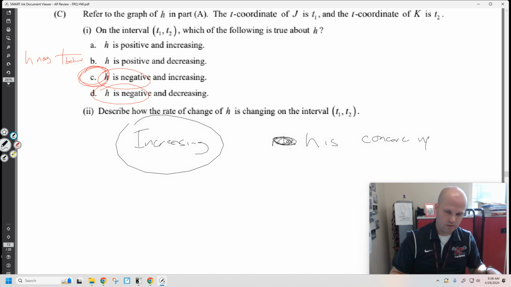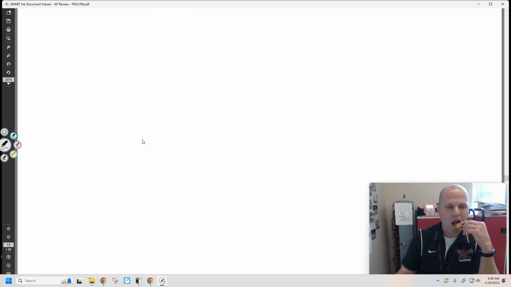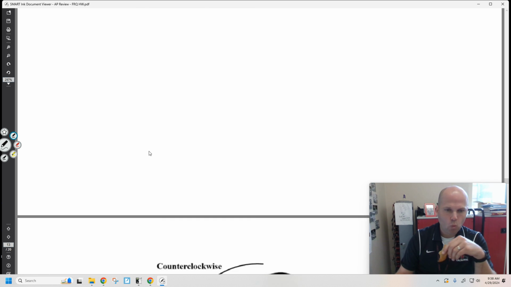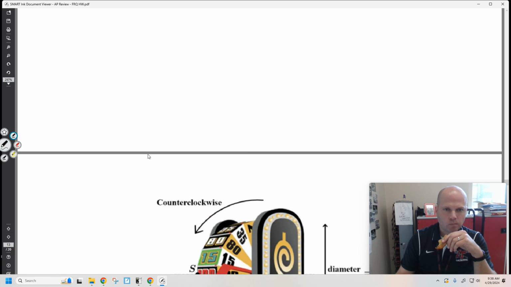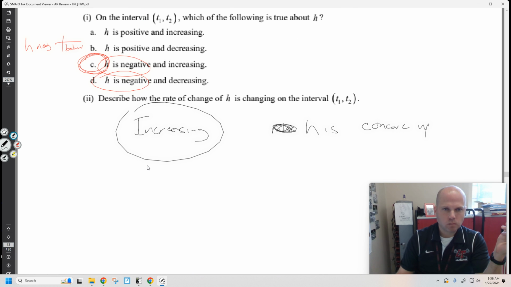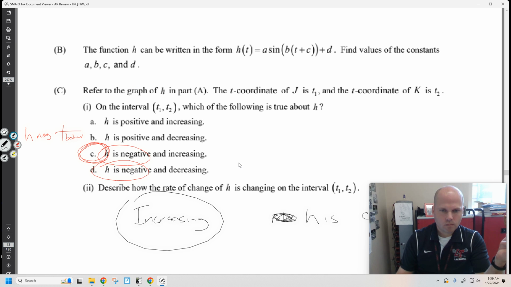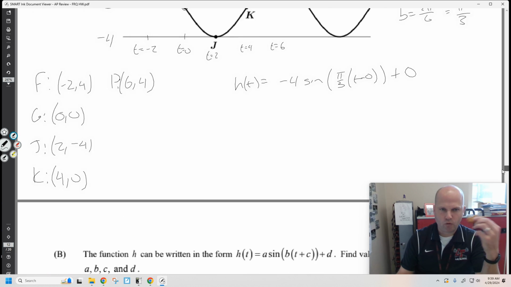Just circle that answer. They don't ask you to explain why. It doesn't even say describe the characteristics of the rates of change. It just says, how are the rates of change changing? That's it. It's just referring to the second derivative.